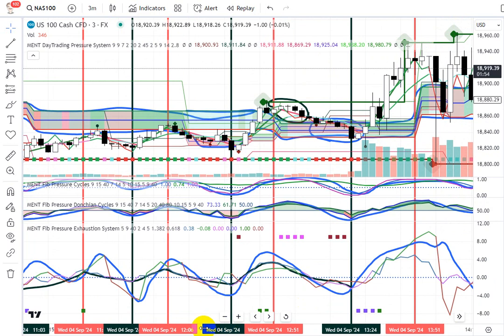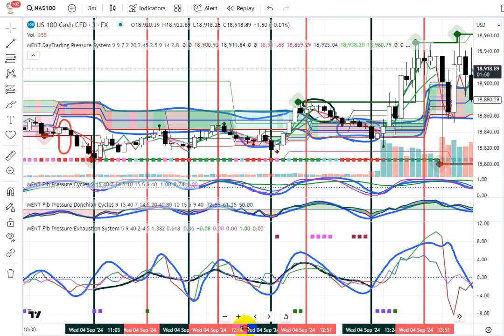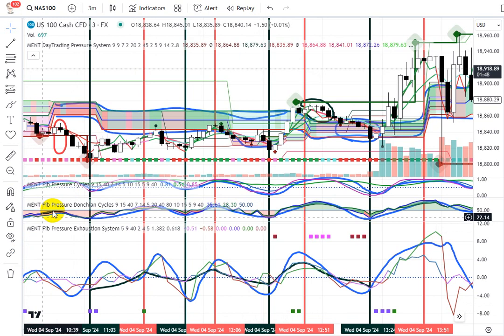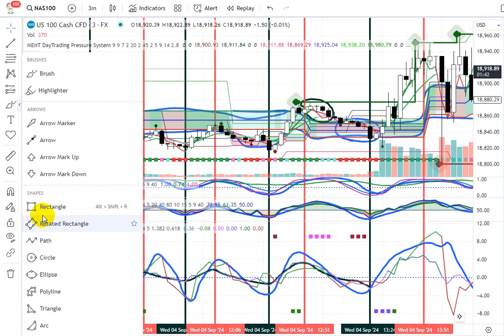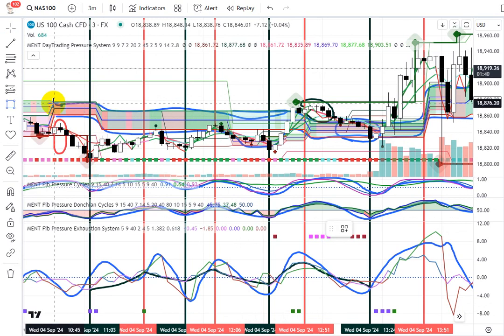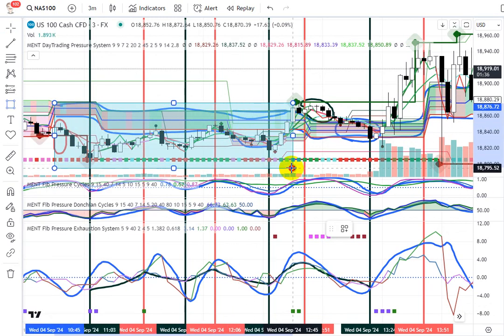So again, from an aggressive standpoint, all you really need to do is understand that we are in bearish trending through here. So let me highlight this. We're in bearish trending through here. I will highlight all of this until we get into bullish trending, which is right there.